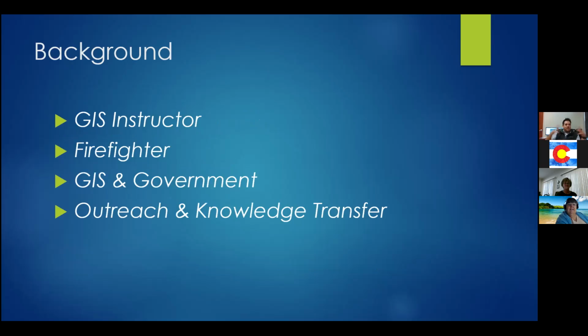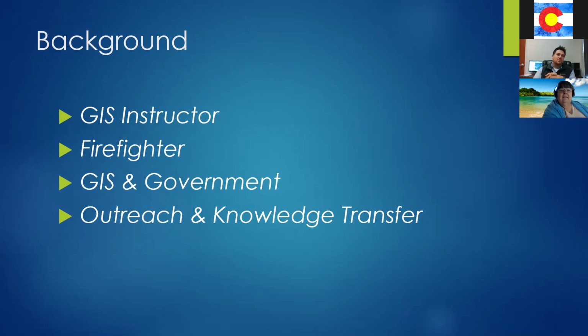So just to give you a little bit of background for me to know where I'm coming from, I was a GIS instructor for Delta State University for about 4 years, from the end of 2005 to 2010. So right after Katrina, I had a big issue as a GIS instructor.